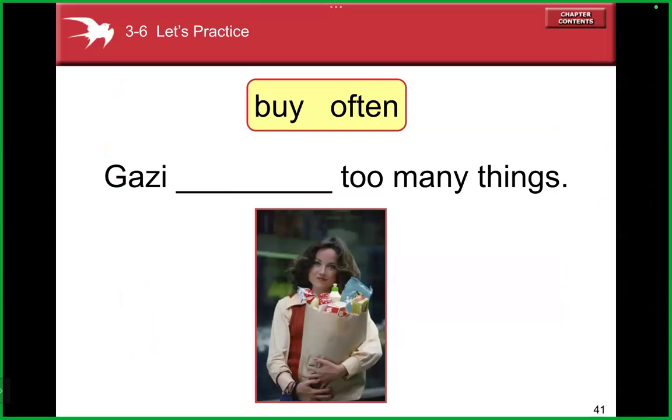Mabel Salazar, could you please complete this exercise for me? Mabel, are you there? No?